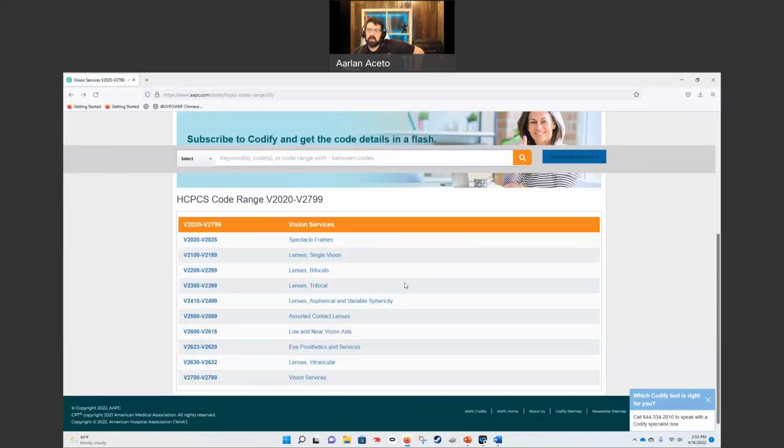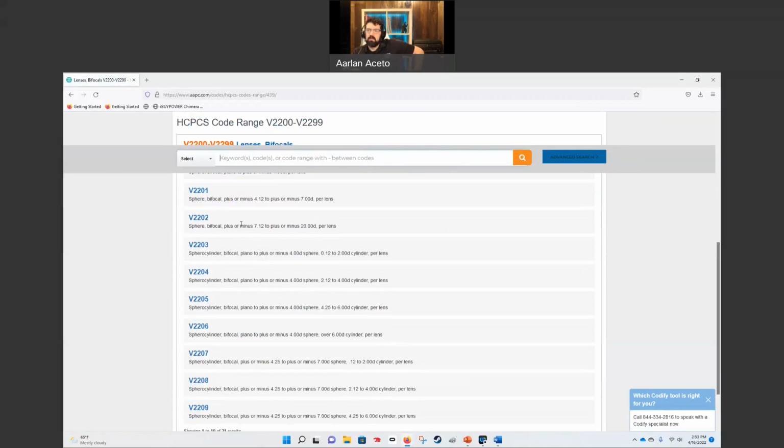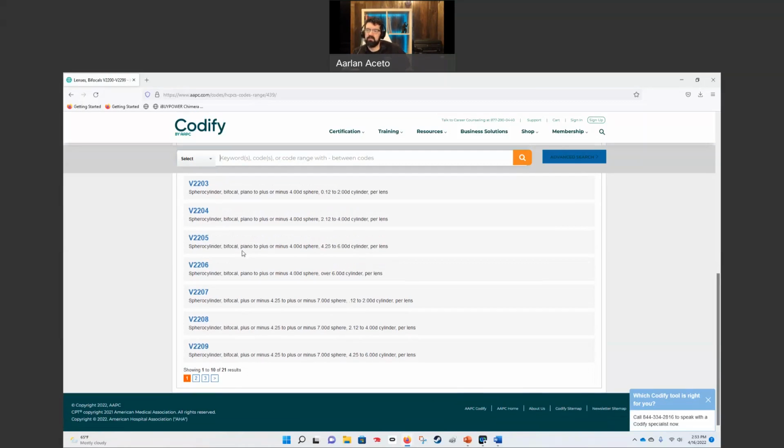Let's do -2 with a -2 cylinder for a bifocal with a 2.25 add. That would be V2203, and I did 2 of them, one for the right, one for the left. And that's how we would figure out what code we're using for what lens.